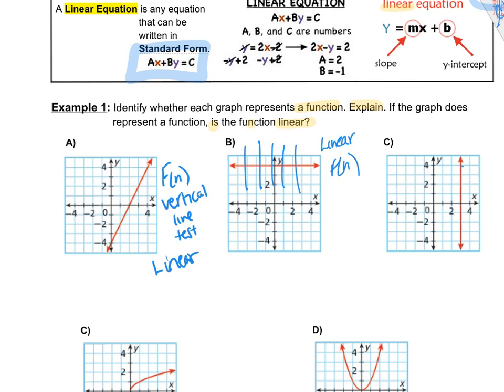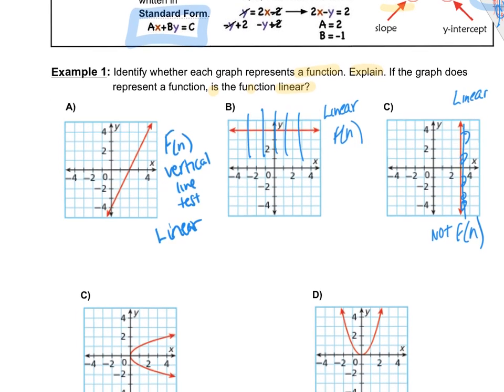The next one, well, it's linear because it's a straight line, but when I put a vertical line through it, it goes through an infinite number of points, so it is not a function.